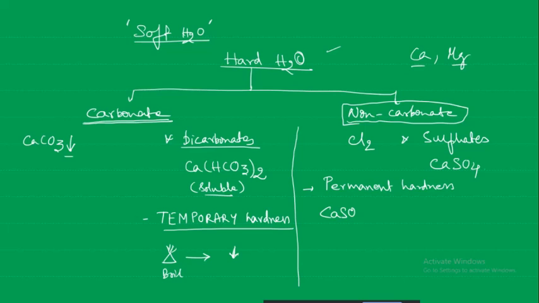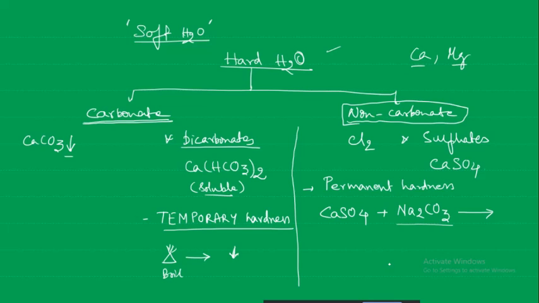Now, if you want to remove this permanent hardness, then you have to treat it with what soda? Washing soda. Soda ash. So what is the difference between soda ash and washing soda? Can we call this as the washing soda? Yes, sir.